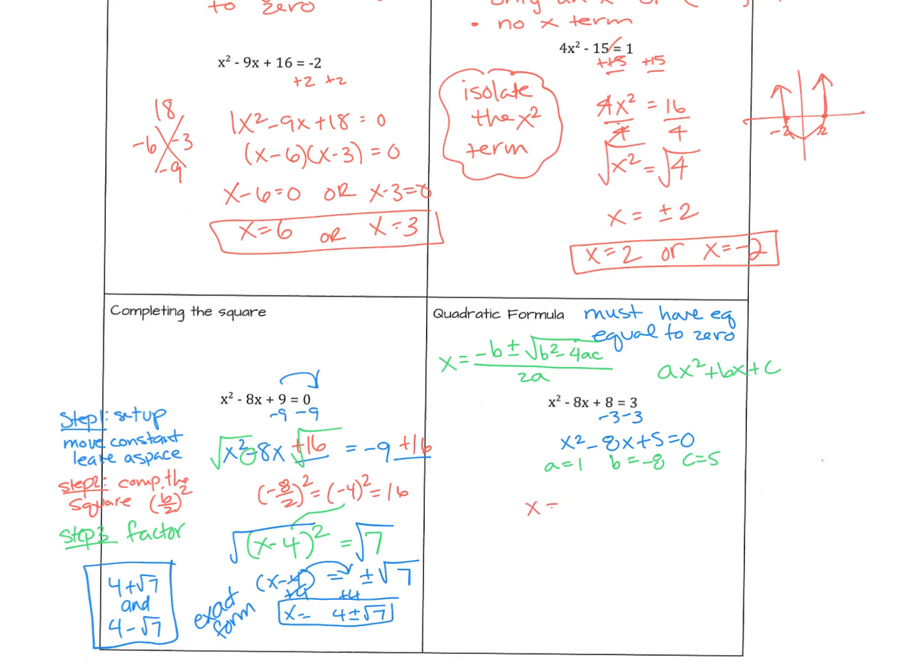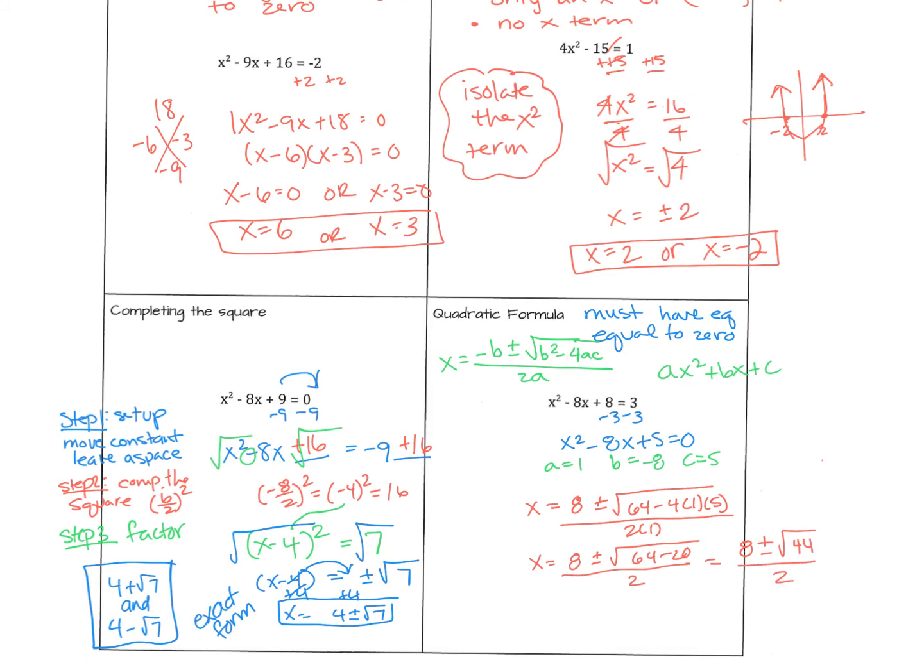So I get x equals -8, which is a positive 8, plus or minus the square root of -8 squared, which is 64, minus 4 times a times c, which is going to be 20, all over 2 times a, which is going to be 2. So I have 8 plus or minus the square root of 64 minus 20, all over 2. This is equal to 8 plus or minus the square root of 44, all over 2.